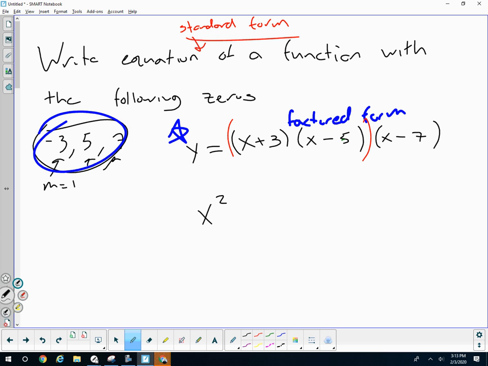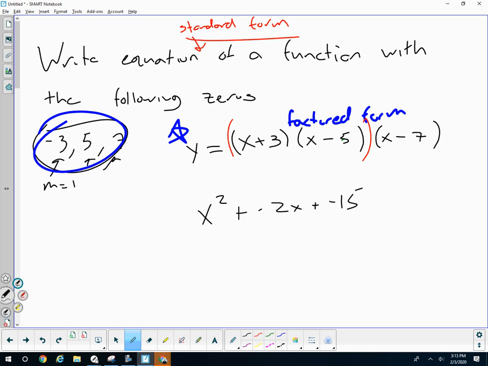I'm going to have -5 x's and 3 x's. That's -2 x's. And I'm going to have 3 times -5. That's -15. It's not that hard, right? Do I have to show all the work to get there? If you know how to factor, you should know how to do this. It's just quick and easy. If you're not comfortable with that, please don't do it until you get comfortable with that. Go ahead and just use the box or distribute everything.